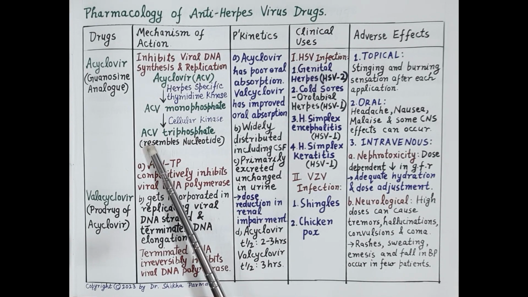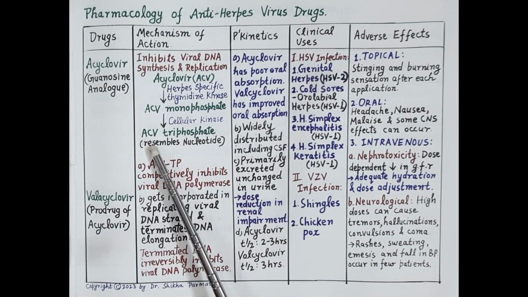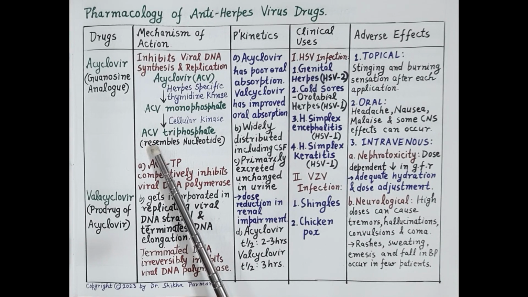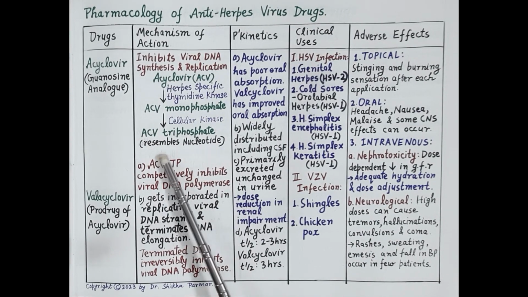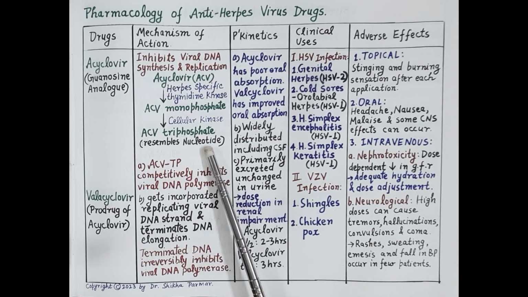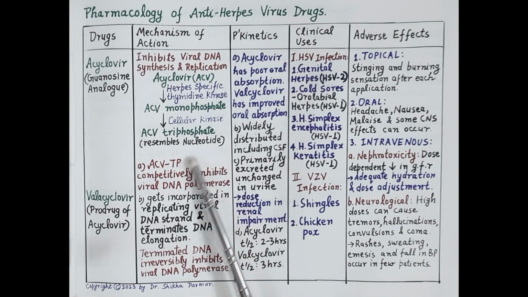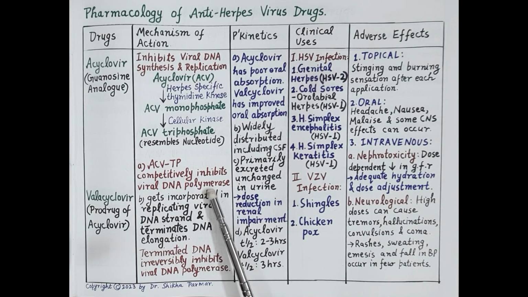Acyclovir itself resembles guanosine nucleoside. So, now acyclovir is phosphorylated, and acyclovir triphosphate resembles a nucleotide. Very important, acyclovir triphosphate competitively inhibits viral DNA polymerase, and therefore now viral DNA cannot replicate.